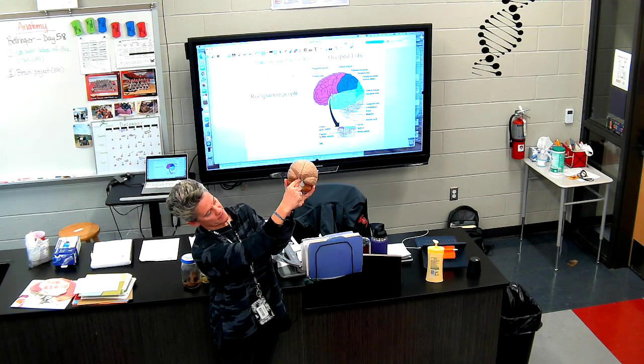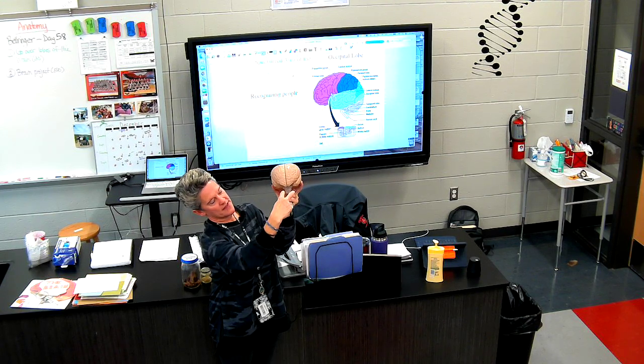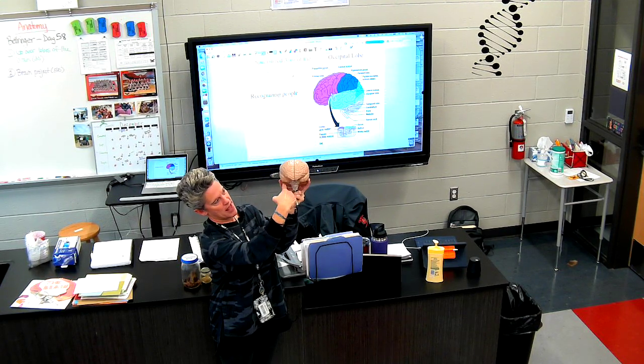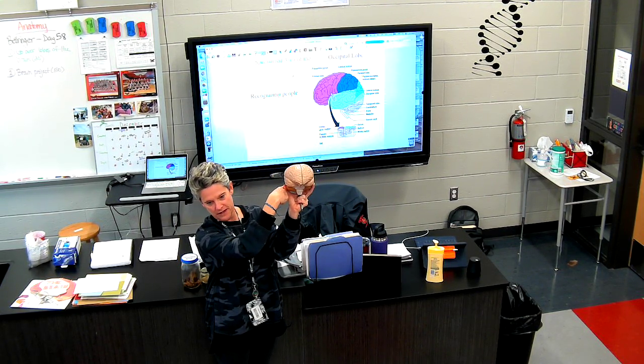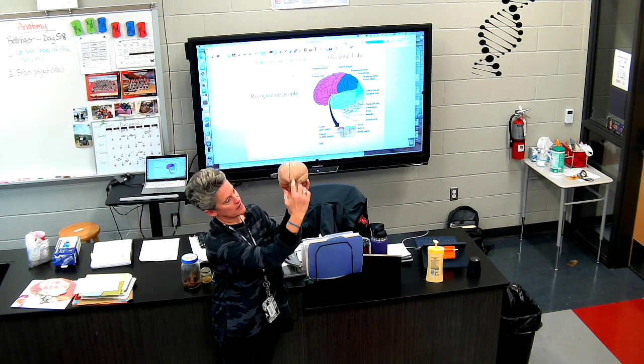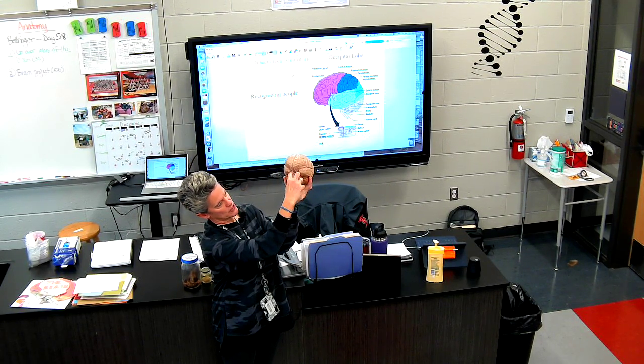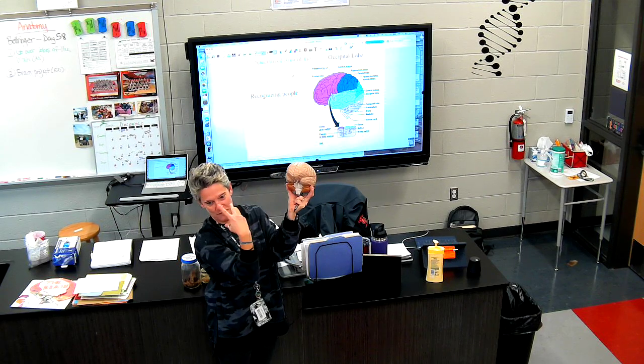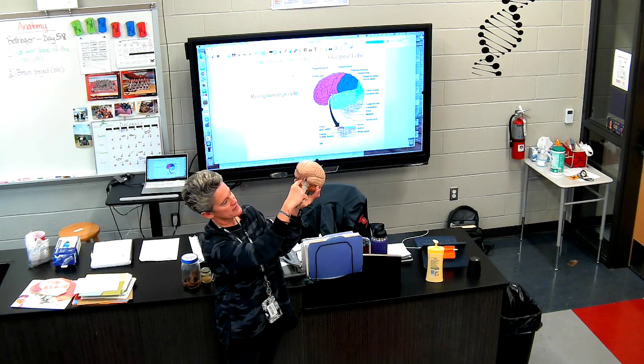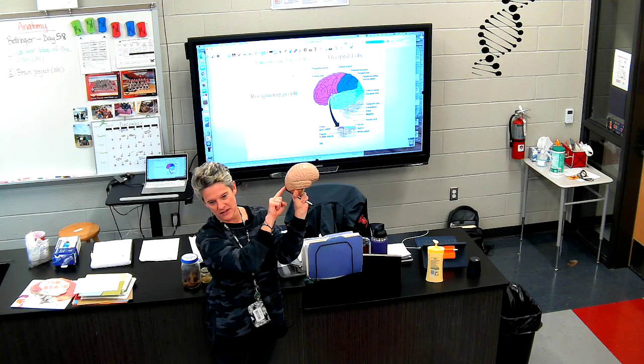There are 2 optic nerves, and from the eyes it goes straight back into the occipital area. So it's not up here. There are optic nerves that crisscross. Remember I said most nerves crisscross, and that goes straight back to the occipital area.